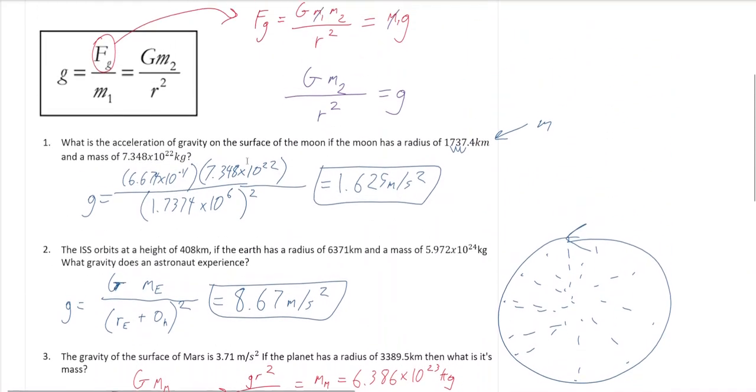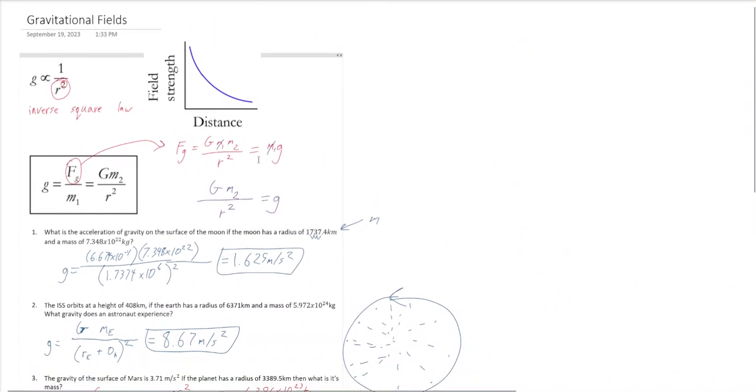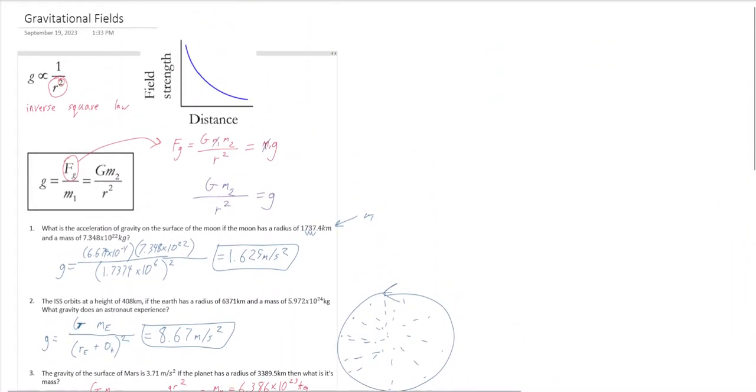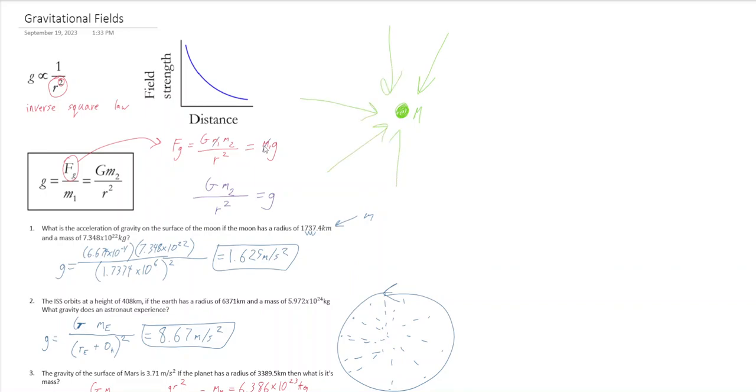All right, so I hope this video helps you better understand gravitational fields. Basically, just a real quick recap. Whatever your mass is, so if this green blob is your mass, the gravitational field is just a field that's pulling everything towards it.